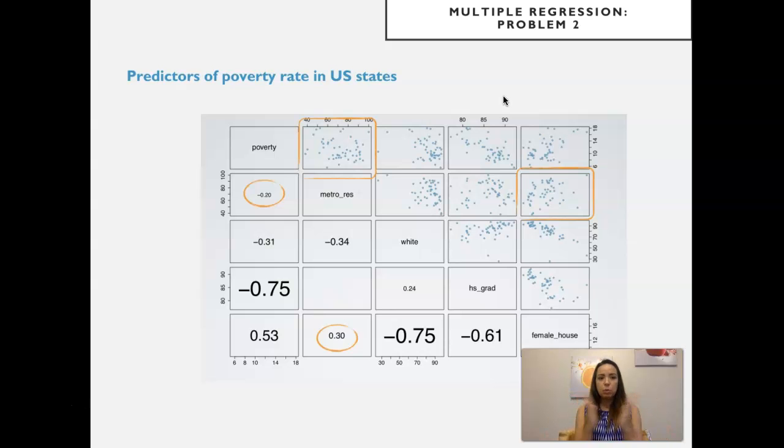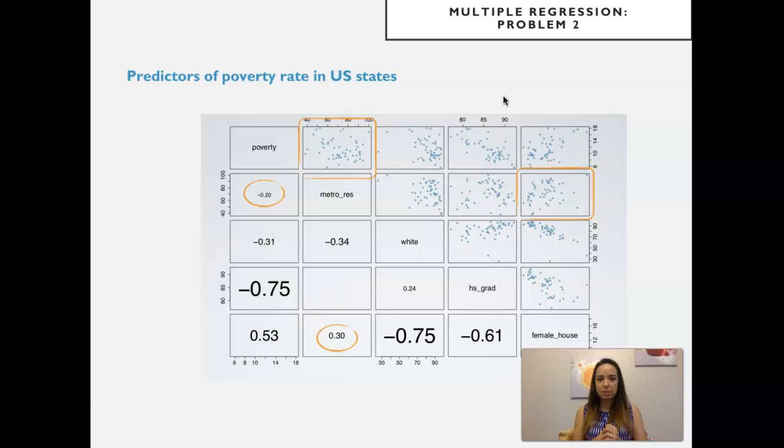In this case, we want to know about poverty. We want to know what are predictors of poverty, right? It's a much harder thing to predict than the weight of a book. It's a much more complex phenomenon. So we're not going to find models with such high R-squared anymore, right? But how good can we get? What are good predictors of poverty?